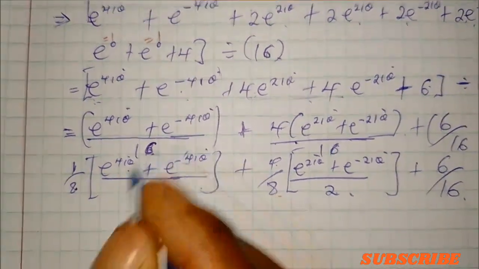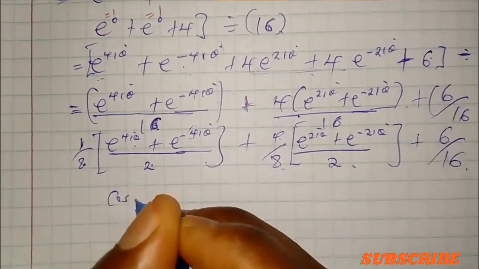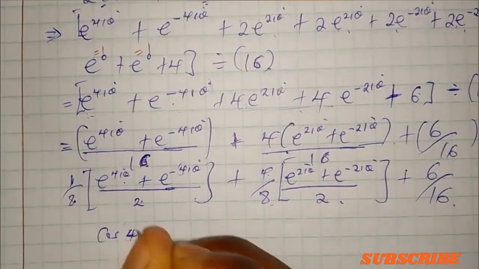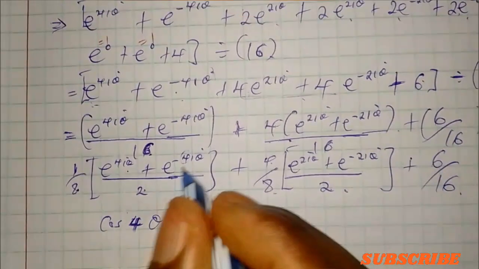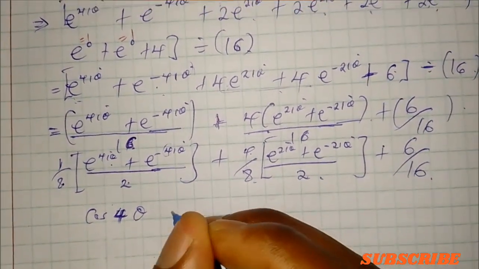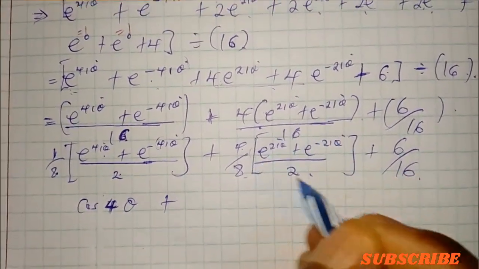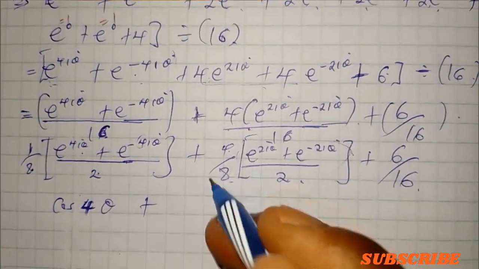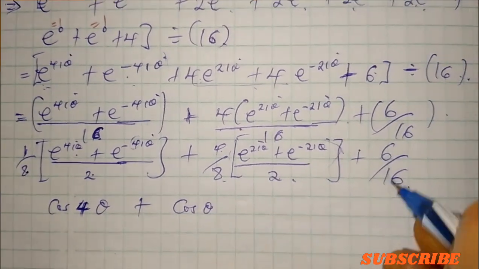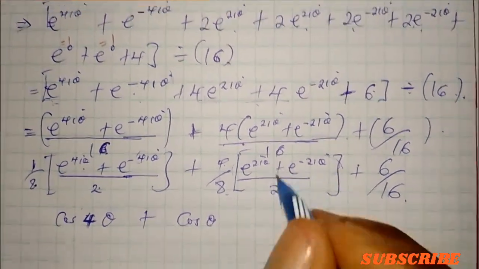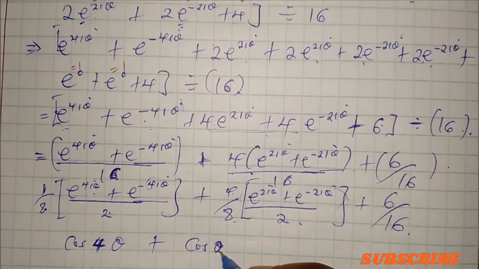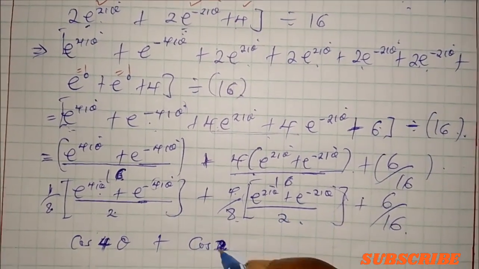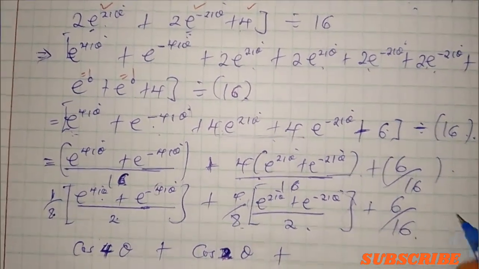The whole of this will be cos 4 theta, plus this one, then plus cos 2 theta because of this 2 here.